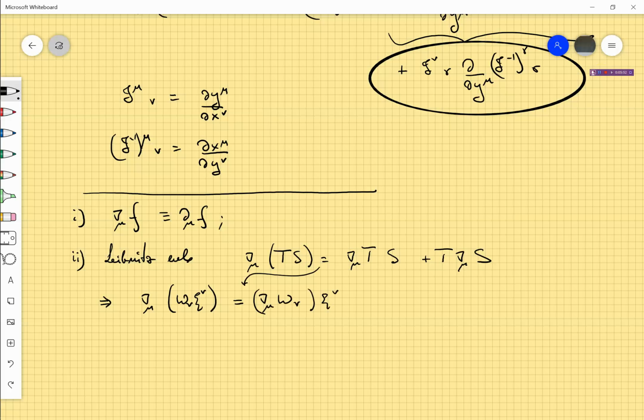I add the parentheses for clarity, but in general, when I read something like this, it is understood that this operator acts on the first term on the right and not on the rest. So I don't really need these parentheses. This is because of the Leibniz rule. This I know what it is.